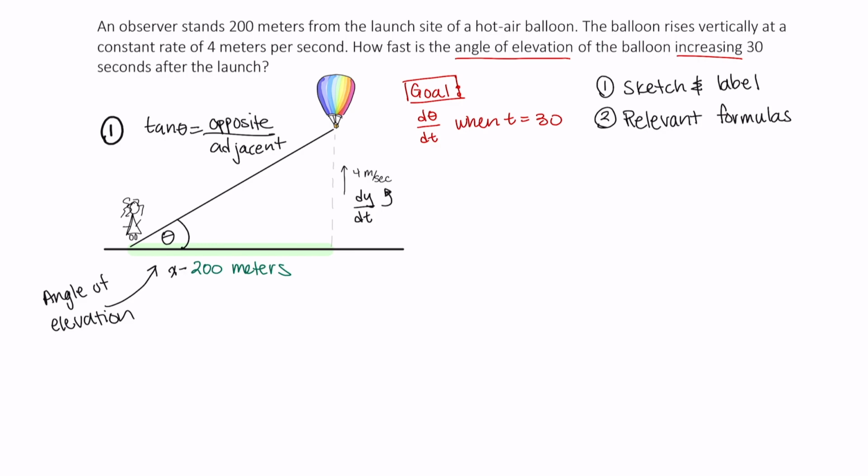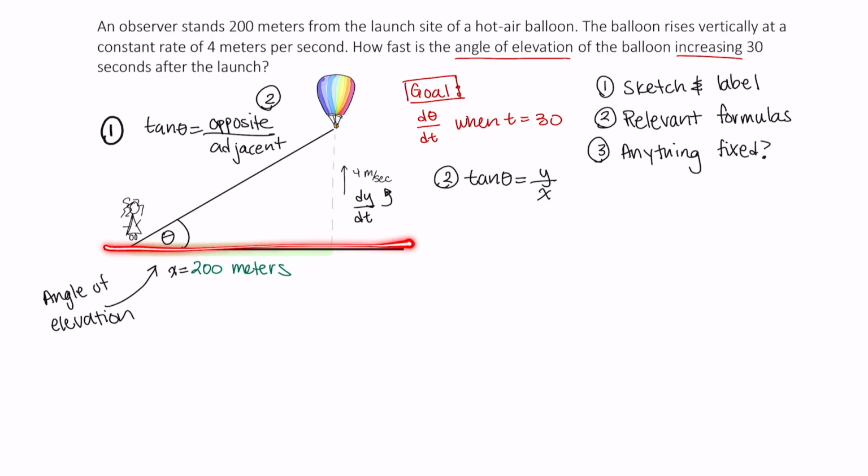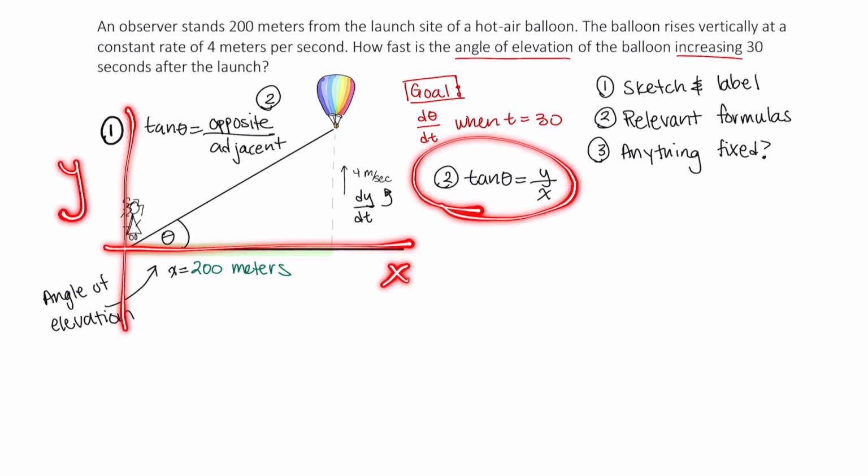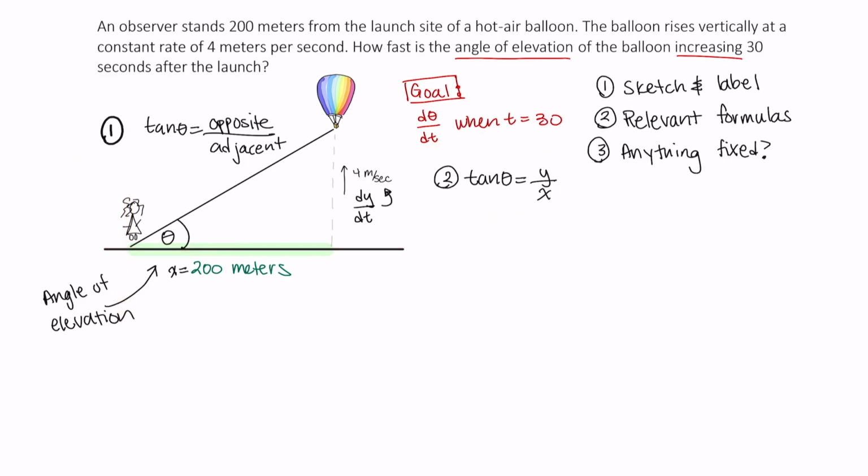And this is x equals 200 meters. Let's consider, is anything fixed? And actually, I should label this relevant formula here: tangent of theta equals y over x. And that is assuming this is the x-axis and this is the y-axis. So this is the rest of number 2.